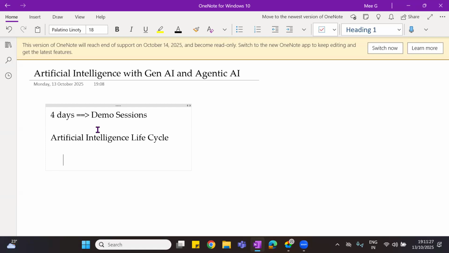Now, the final outcome. I don't know how many of you are well versed with AI technology as of now, the overview, what is there, how it is implemented. After completion of this session, you will be well versed with what is AI, what is machine learning, what is deep learning, what is generative AI, what is agentic AI, and how they work.